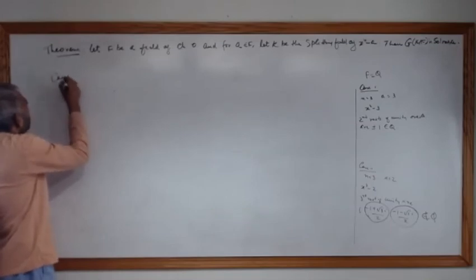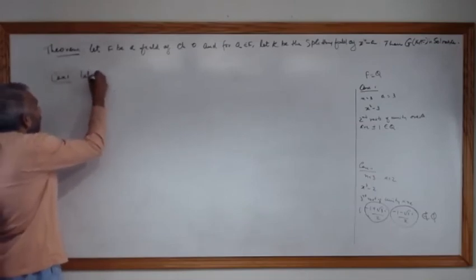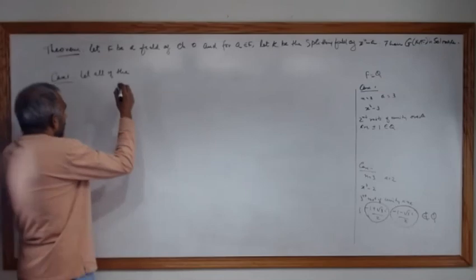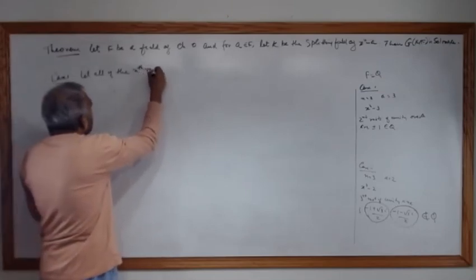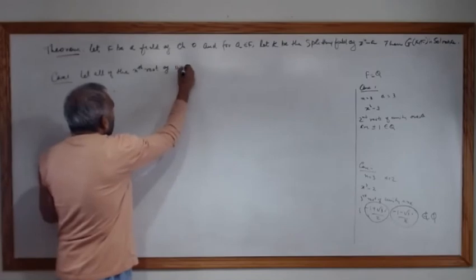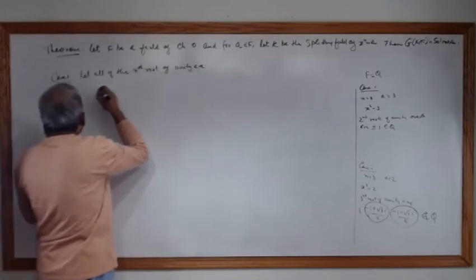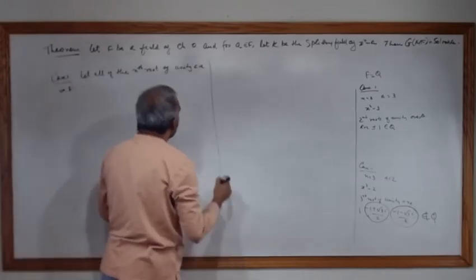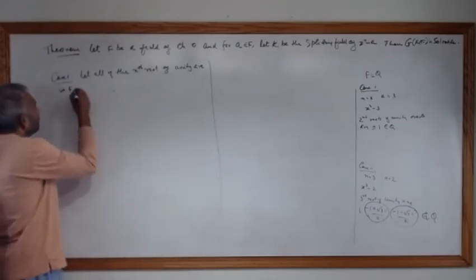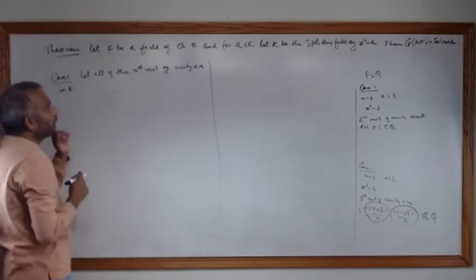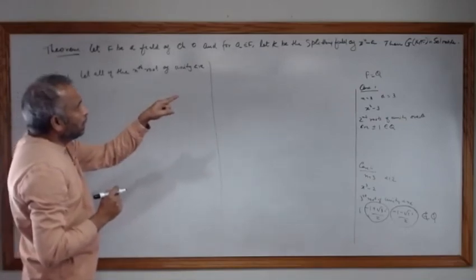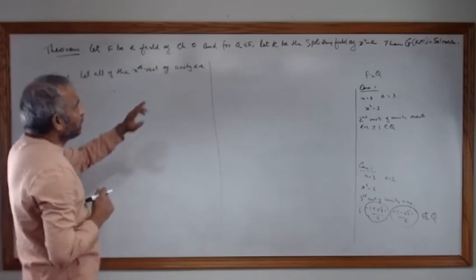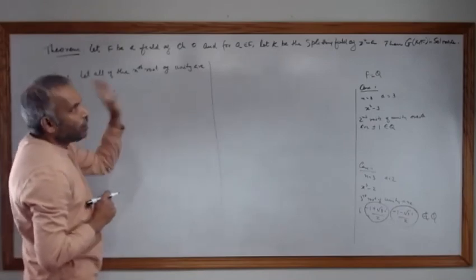Case 1. Let all of the nth roots of unity be in F. That is the first case. So what we want to show is that G, the Galois group of the splitting field, is solvable. In other words, what we are going to prove is that the Galois group is an abelian group.